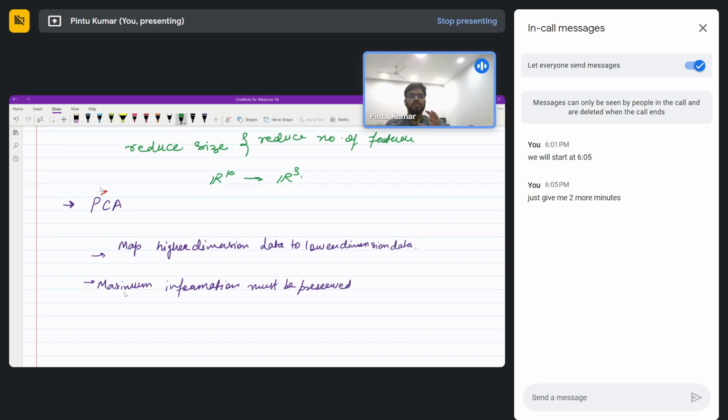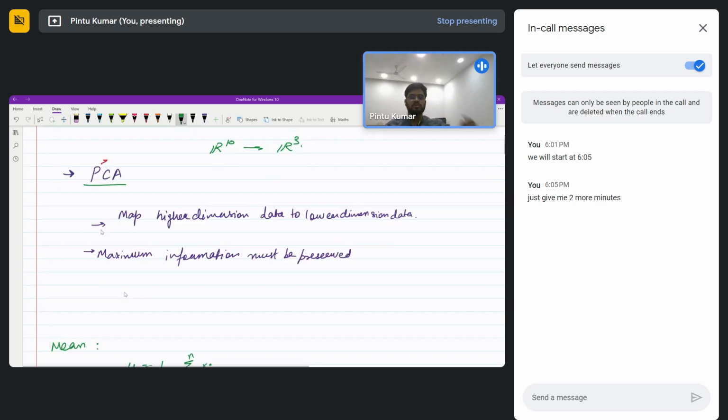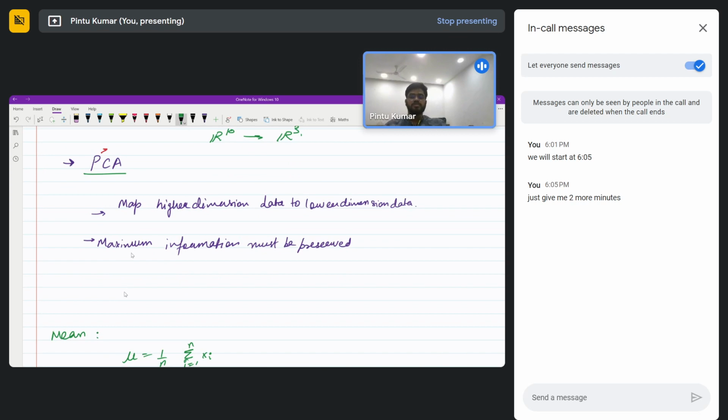We don't want to just reduce the size without carrying any information about the earlier vector. So PCA tries to capture the maximum information that can be extracted from that particular data set. The goal of PCA is to produce a vector that carries maximum information about the original vector.